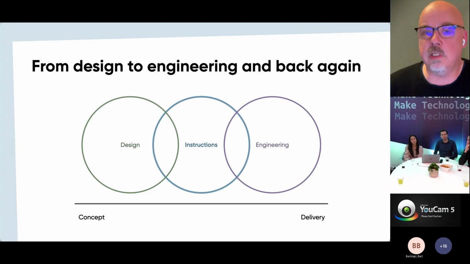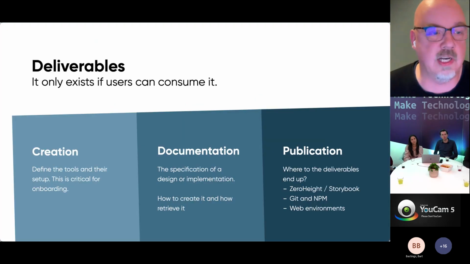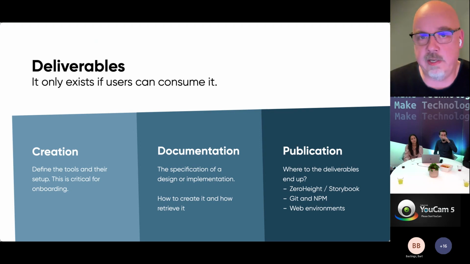And when we do this, we see this drive towards deliverables. And so for creation, we often see things like Figma and Zeroheight, where the design is created and where the design is specified. And we also see documentation on where we can get certain information, where assets are available.